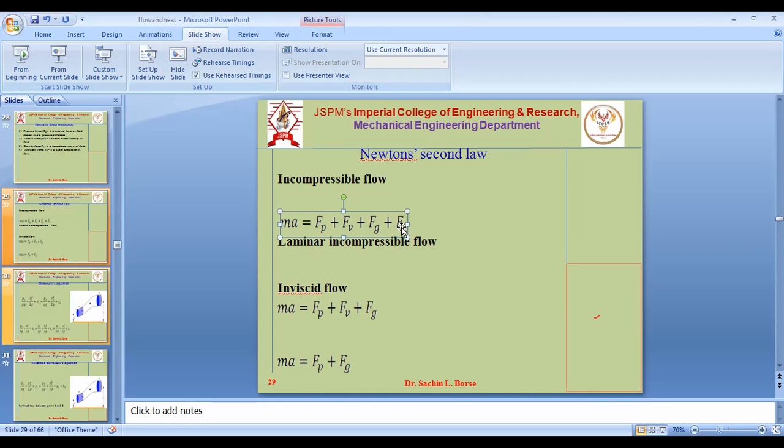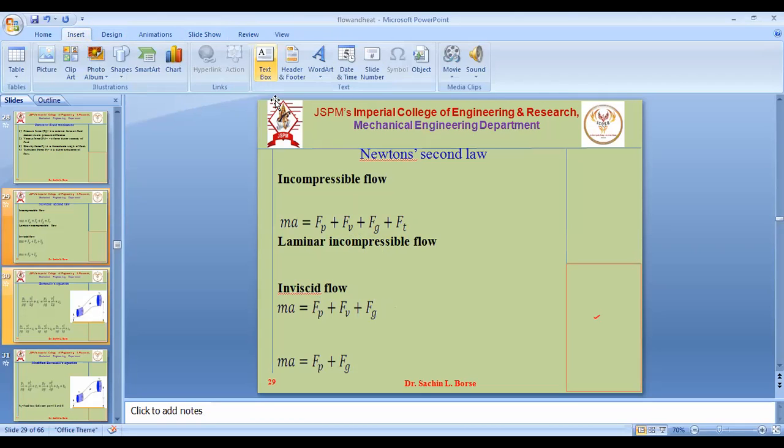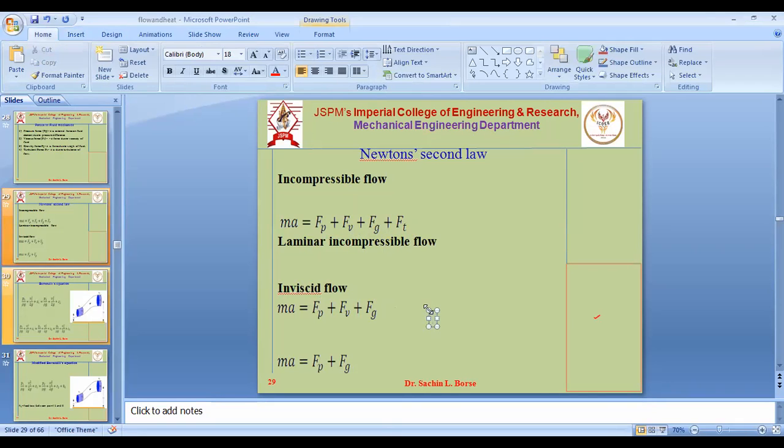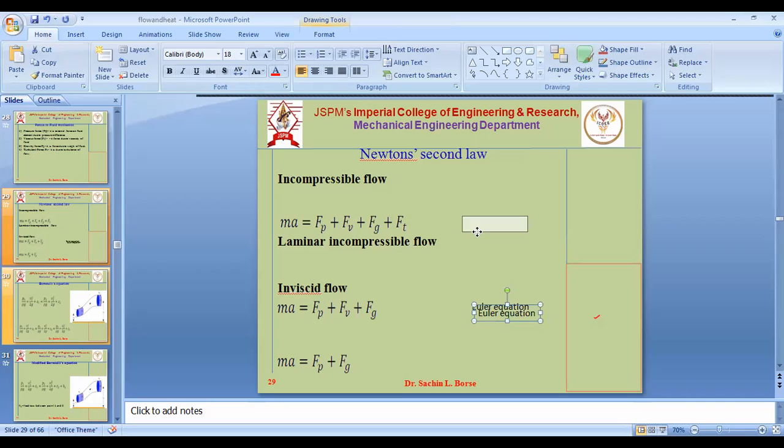And if it is turbulent, then there will be a turbulent force. That equation is called the Navier-Stokes equation. But if you neglect the viscous force, then it becomes the Euler equation. When friction is very negligible, we go for the Euler equation. Otherwise, we go for the Navier-Stokes equation.